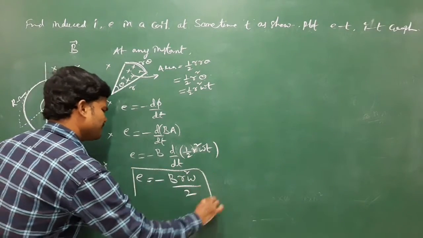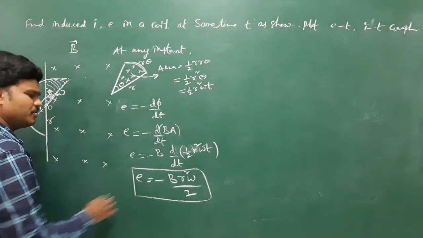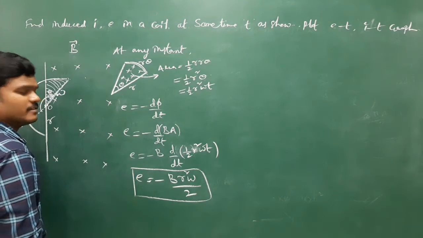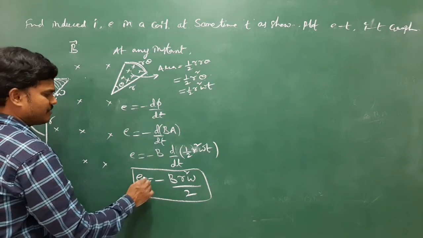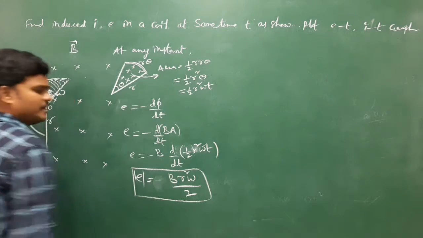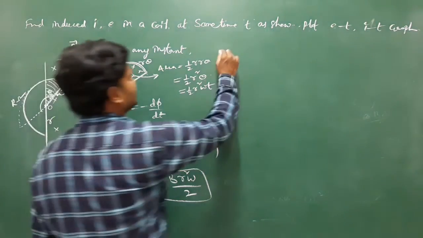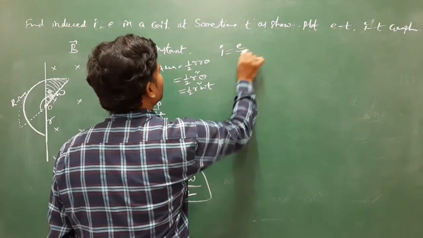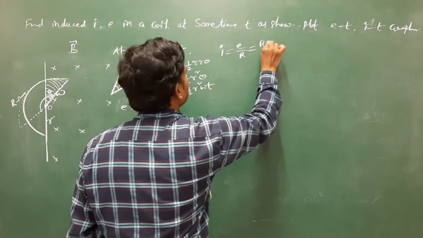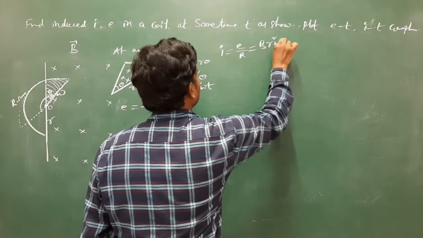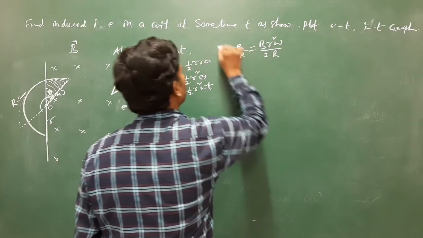So we got the EMF. If you take the magnitude, you will get B r square omega by 2. In the same way, we can get the induced current, which is B r square omega by 2R.